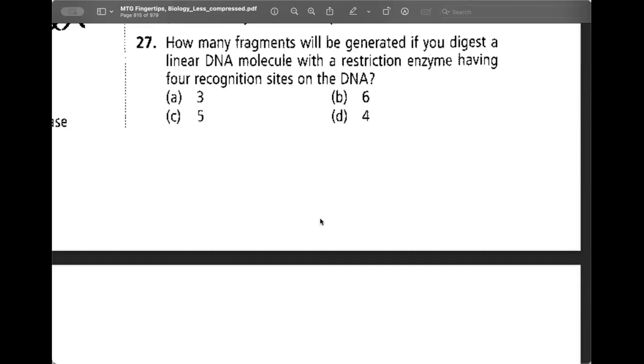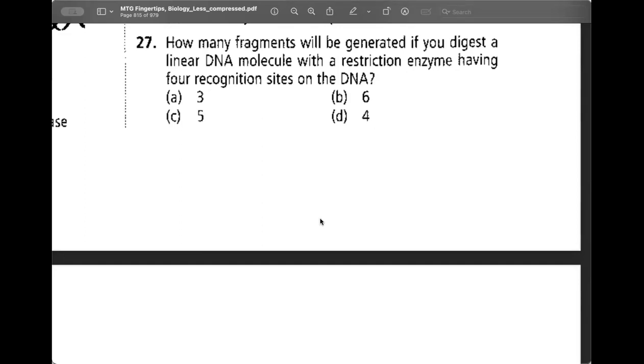Because the first cut in a circular DNA is just to linearize it. You opened the ring, but the ring was also a single fragment, and when you cut it, it is still a single fragment. So the first cut in a plasmid does not increase the number of fragments.